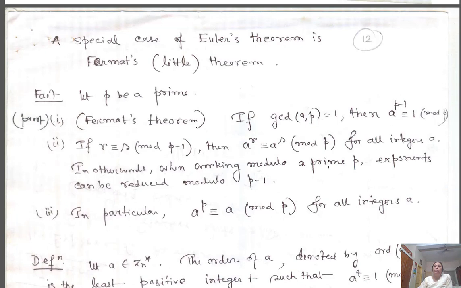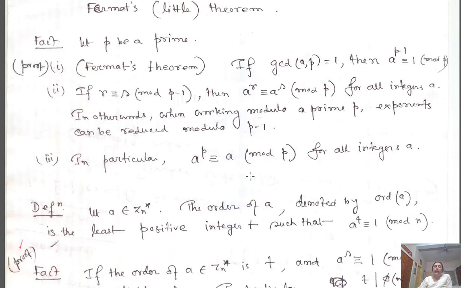So when working modulo a prime p, exponents can be reduced modulo phi p, that is p minus 1. And in particular, if you multiply both sides by a, a to the power p is congruent to a modulo p for all integers a.